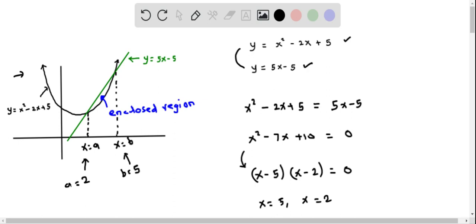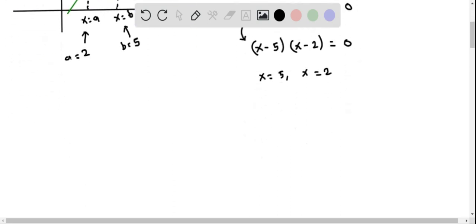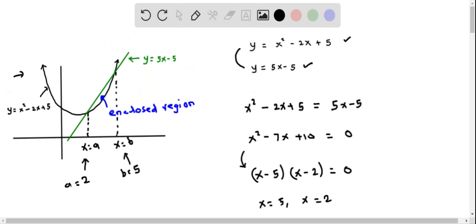Therefore, we can now set up the integral to find the enclosed region. If we look at this figure, the top curve is the line y equals 5x minus 5, and the bottom curve is the parabola, y equals x squared minus 2x plus 5.